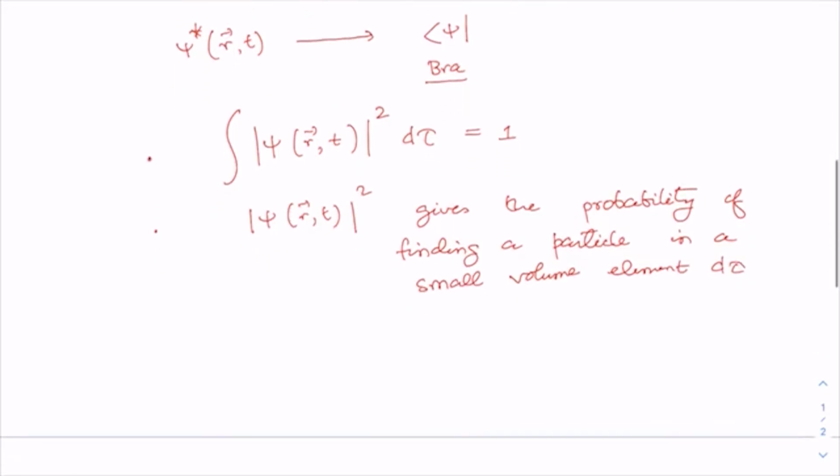The corresponding normalization condition in Dirac notation would be simply this.